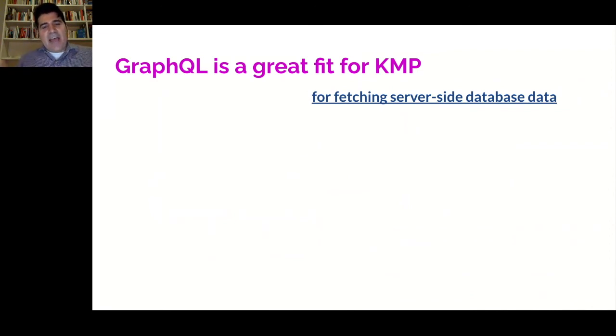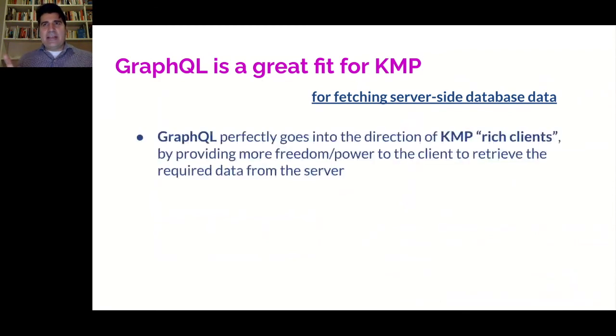And instead of having web services, which are defined with the exact data that needs to be retrieved and provided to the client, it's actually the client which decides which data it wants. So the web service decides nothing, basically.